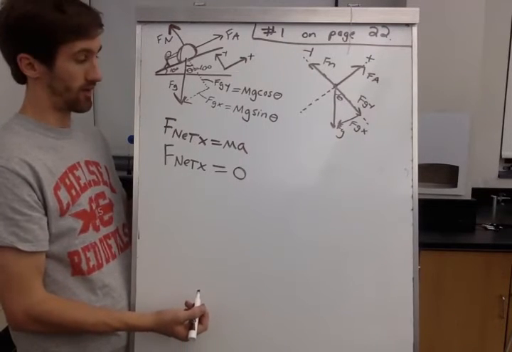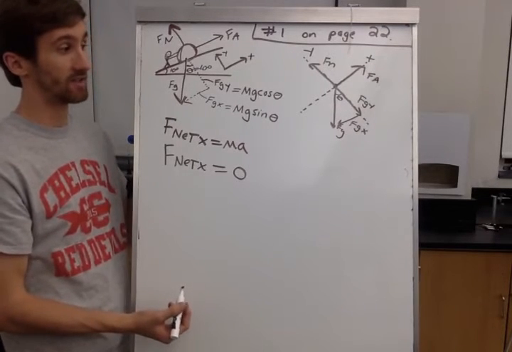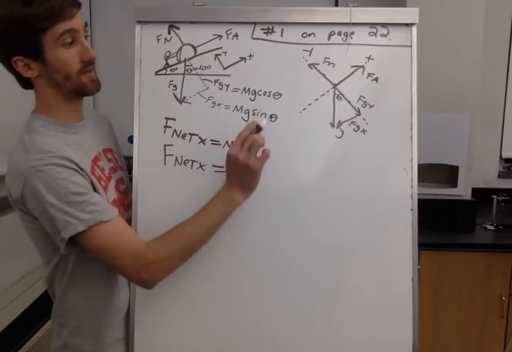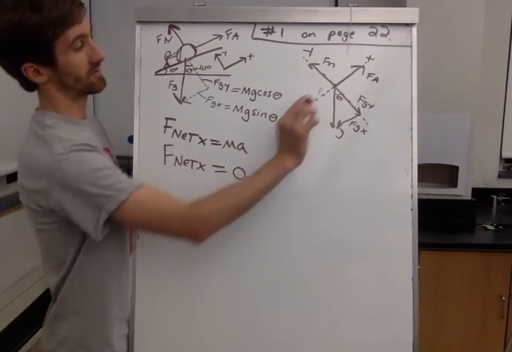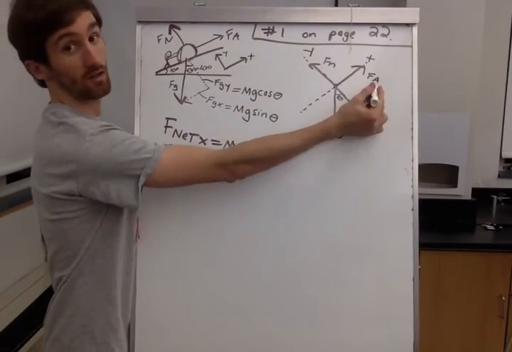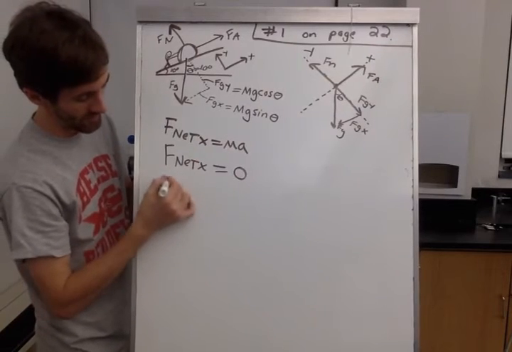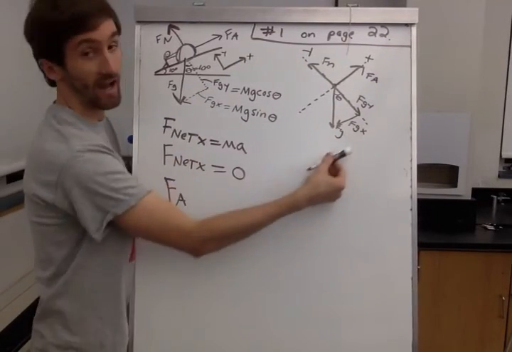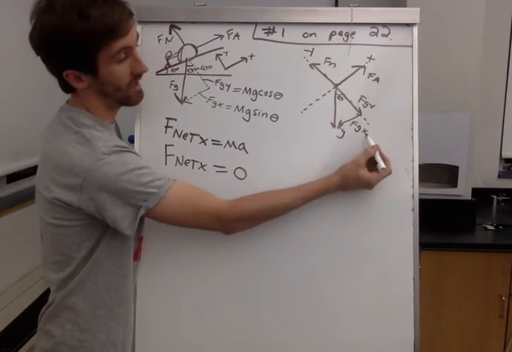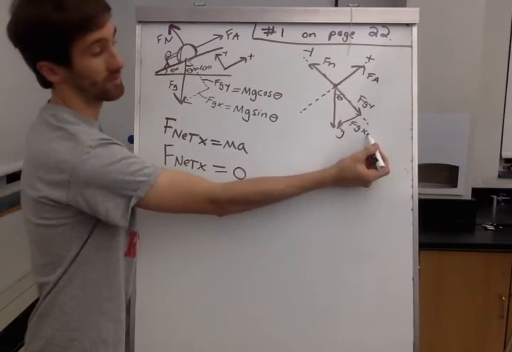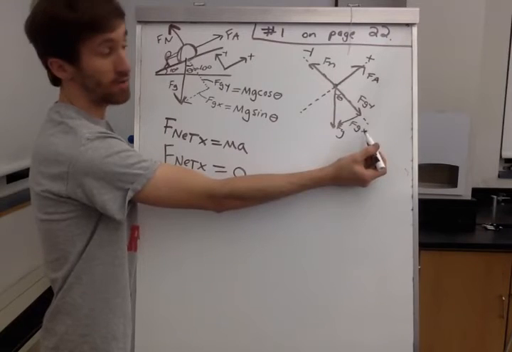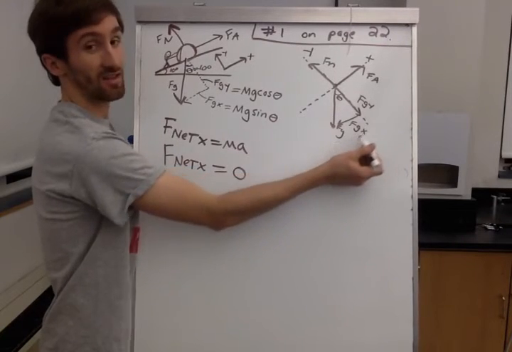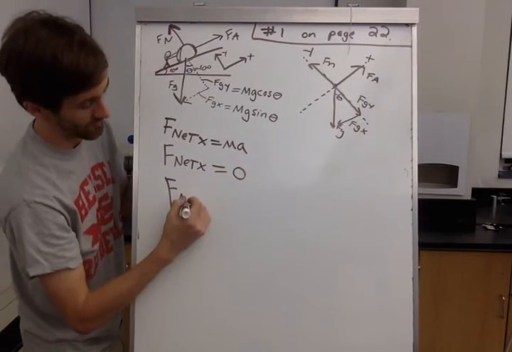And now I'm going to break up F net x into its parts. So in the positive x direction, I see Amy's push, F A. In the negative x direction, I see the x component of gravity. Not all of gravity, just the x component of it.